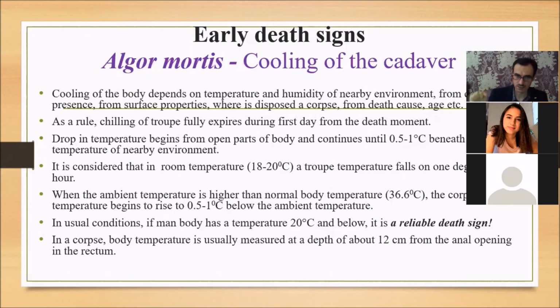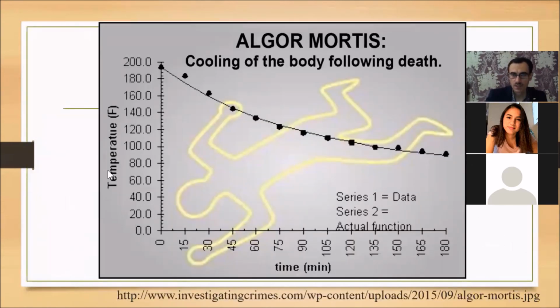We measure the body temperature of the corpse in the rectum at a depth of about 12 centimeters from the anal opening. And here you see the diagram of the cooling of the body following death, depending on time.